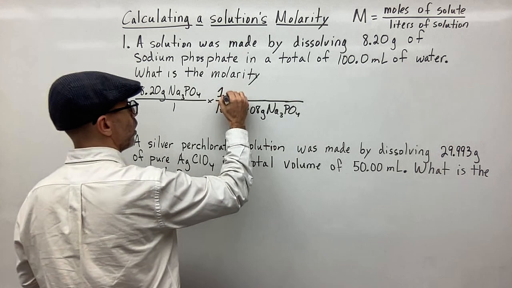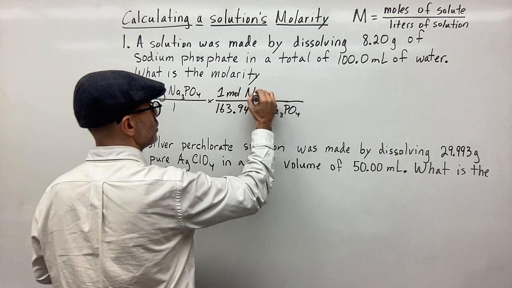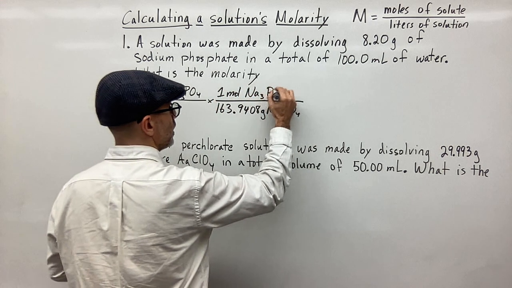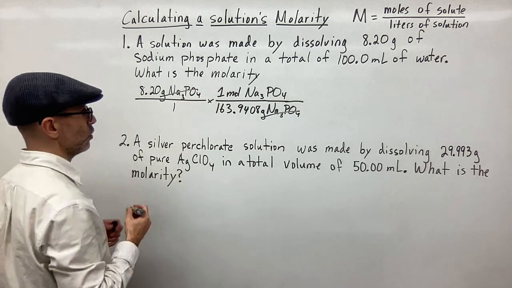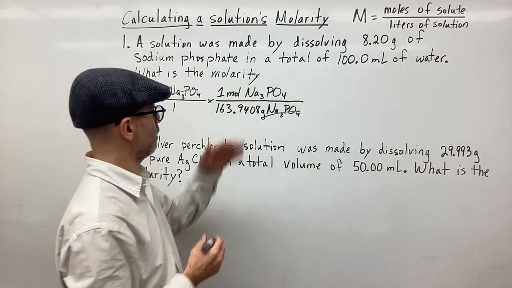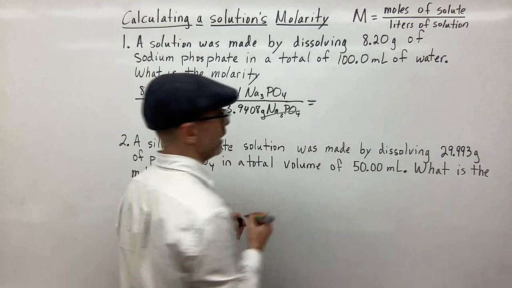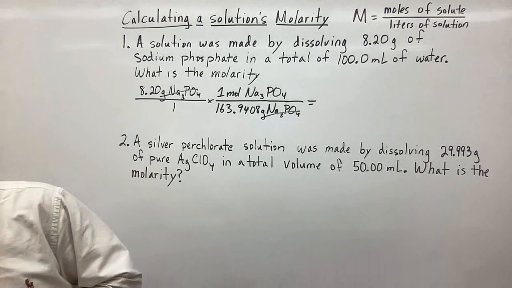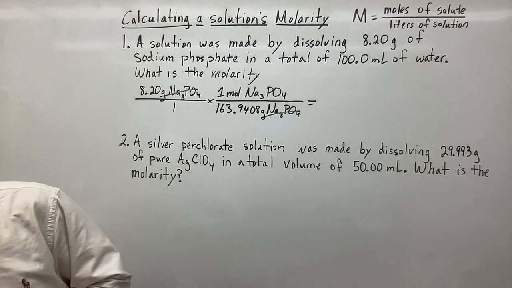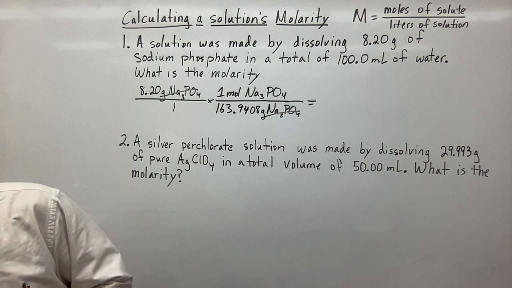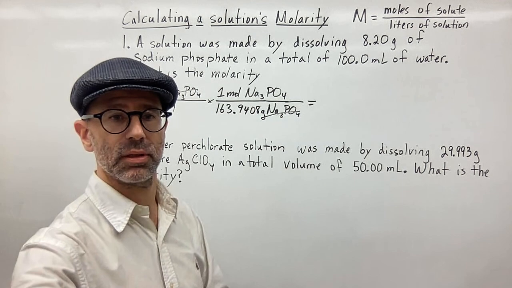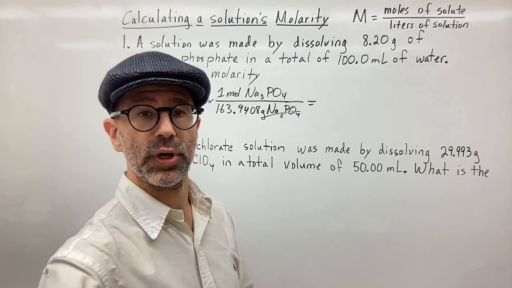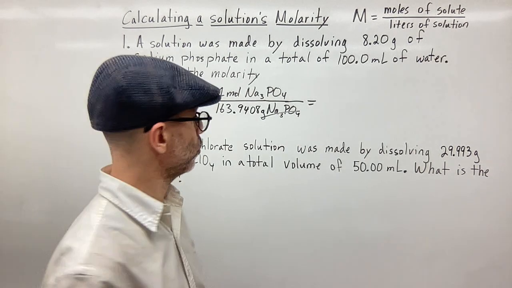And that means 1 mole of the sodium phosphate will be on top. So grams of the sodium phosphate cancel out. Now I have moles. So all I need to do is calculate that out, and I get 0.050018.